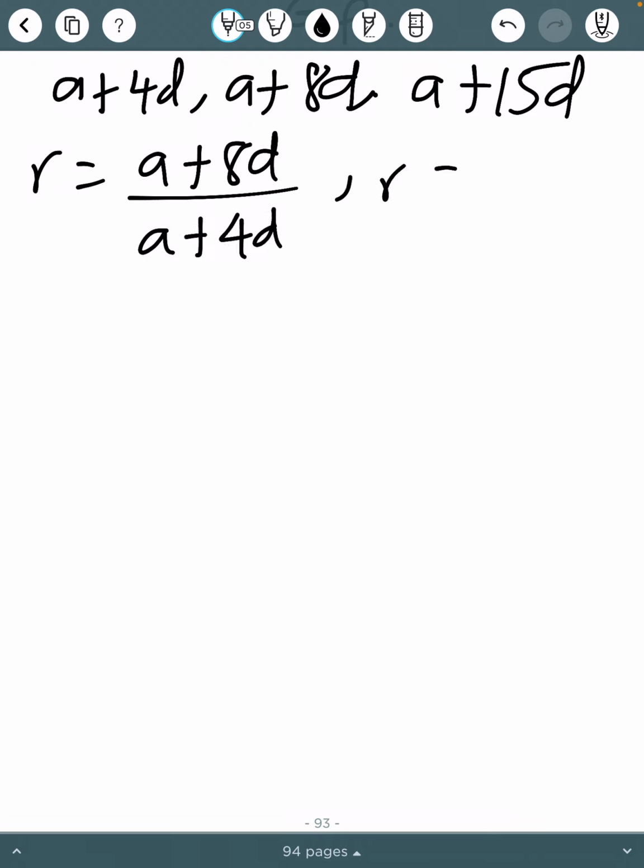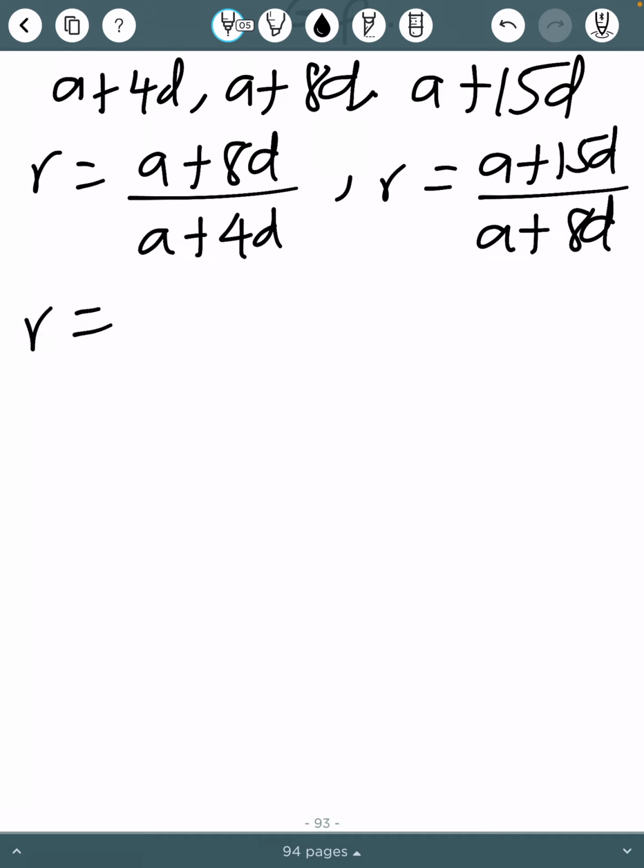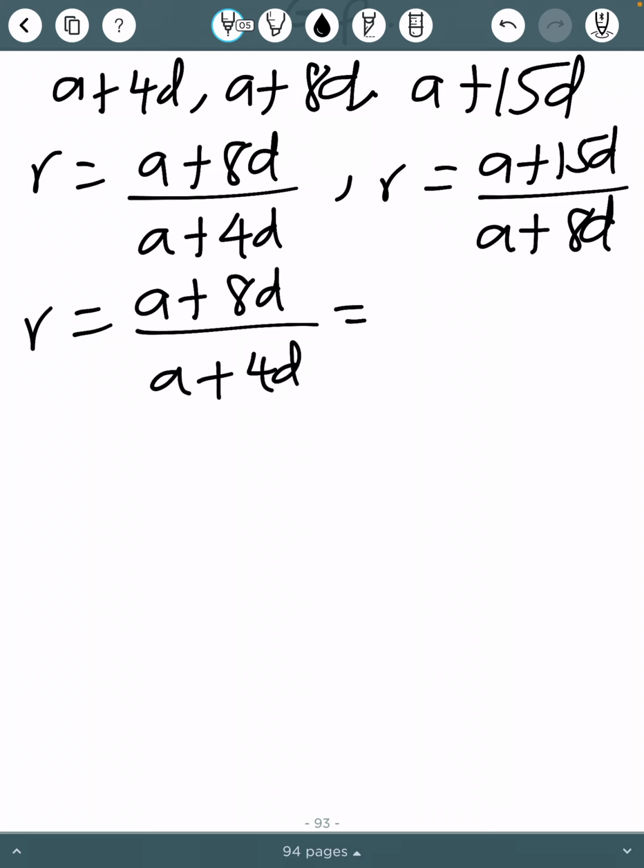My common ratio will also be the same thing as a plus 15d over a plus 8d. So I could write that my common ratio is a plus 8d over a plus 4d, and also that my common ratio is a plus 15d over a plus 8d.